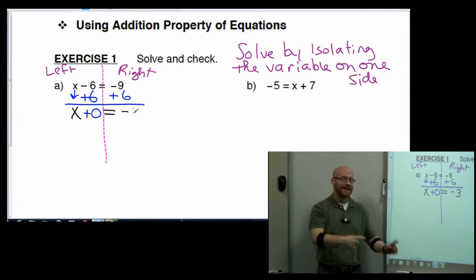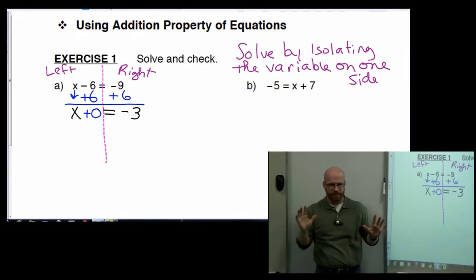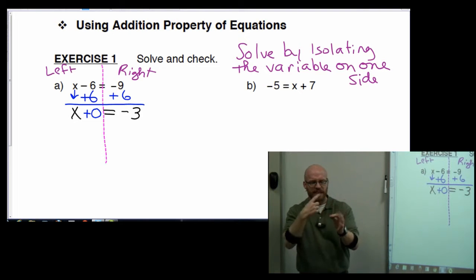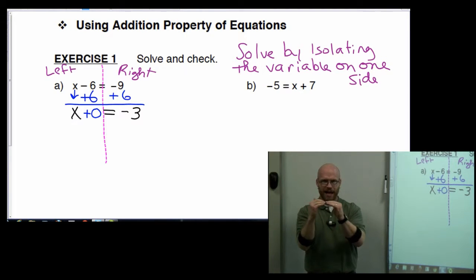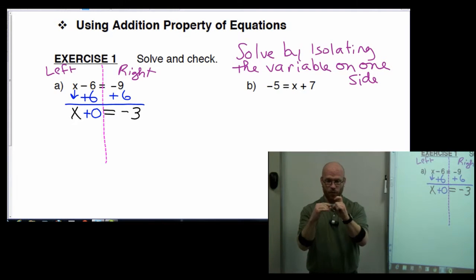So now we can see x plus 0. 0 itself is not negative, it's not positive. So for simplicity, we'll say x plus 0 equals negative 3. Well, that means x equals negative 3.